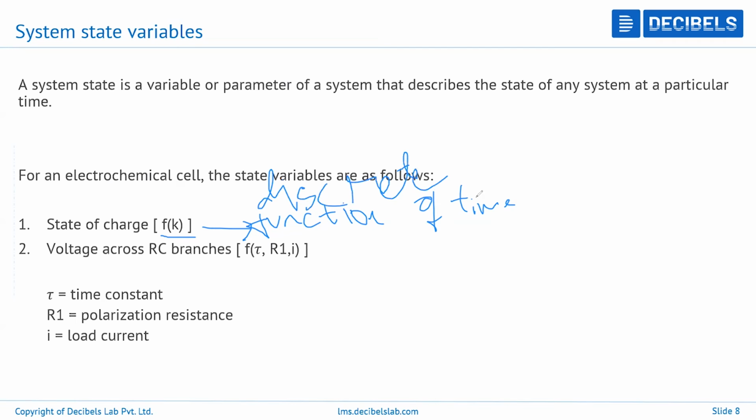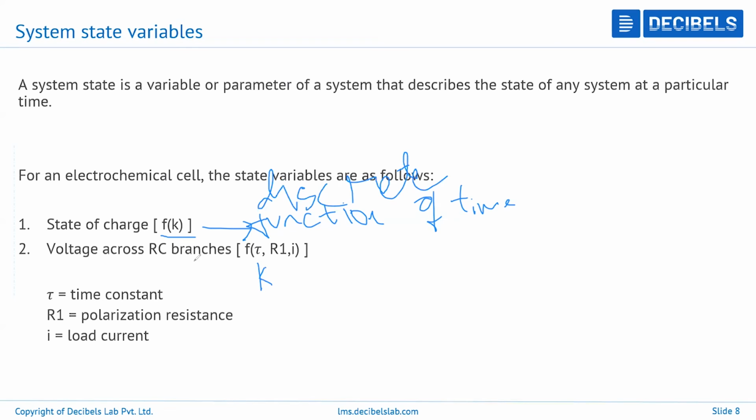Basically, all the functions that are represented in time format are converted to discrete format. Especially when you're dealing with nonlinear systems, we have to go into discrete format rather than continuous time format. State of charge and voltage across RC branches, again, are in discrete format.